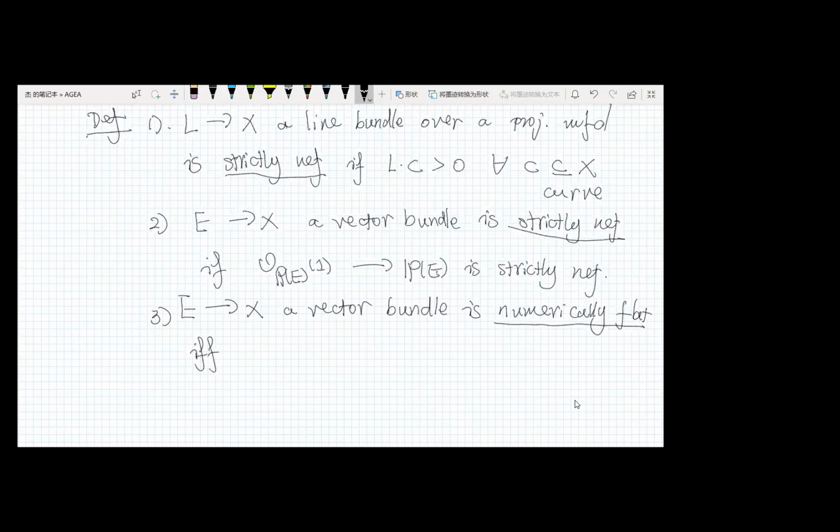The first one is if and only if E is nef and the first Chern class of E is trivial. The second one says that E is nef, and also its dual bundle E star is nef.